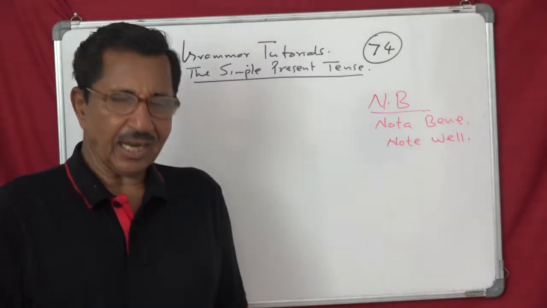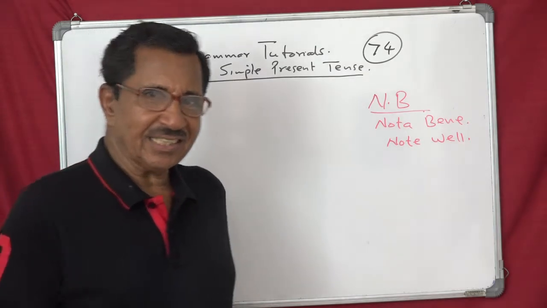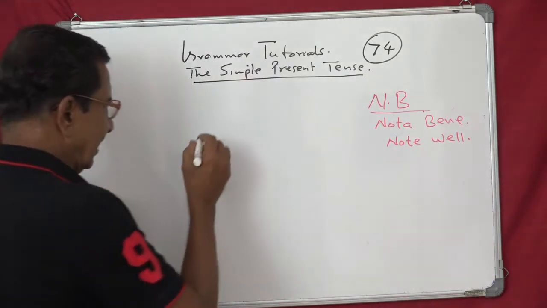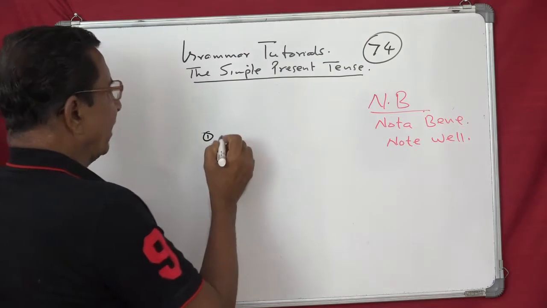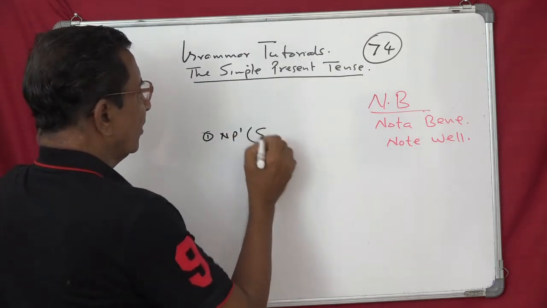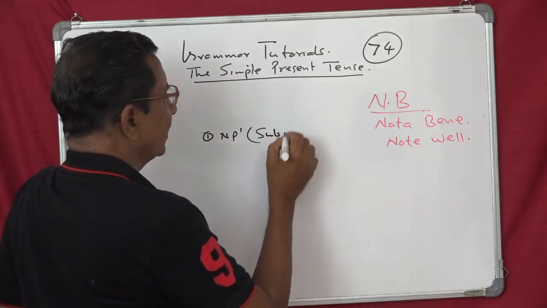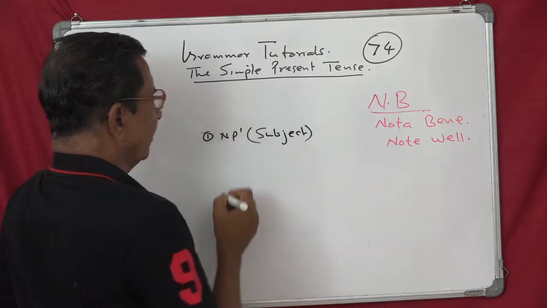What is the special care you are going to give? You are going to give a special care. That is, first, the NB1, or you could say where we say subject. Subject of the sentence.